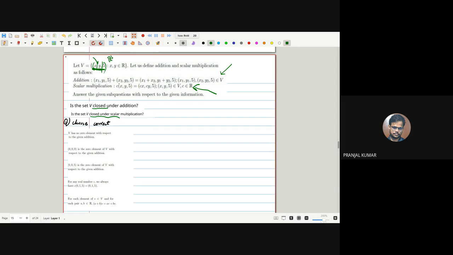So one thing you should always check, whenever it is asked whether a given set is a subspace or not, is whether the zero vector from the parent space belongs in it or not, because you know that in R3 all the subspaces always contain the zero vector, the origin. So you should always check.